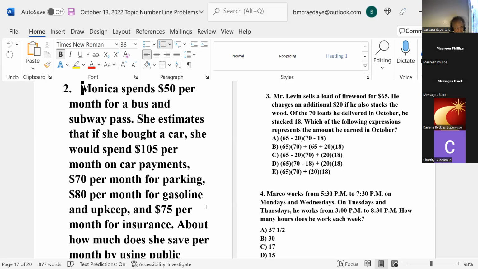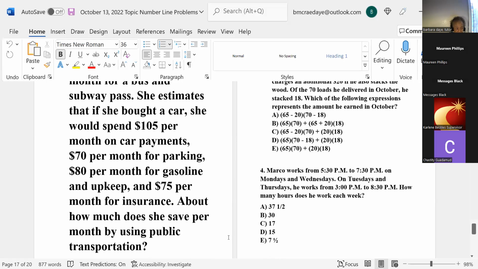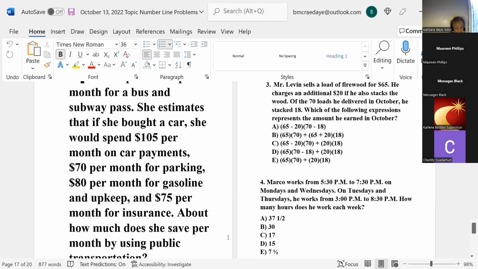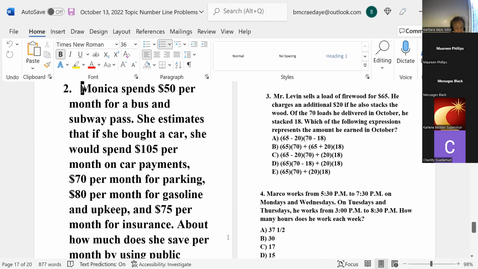Yes. But I want you to read through the word problem and pick out what you need and do the calculations you need to do to solve it. How much does she save per month by using public transportation? How do you calculate that? You know what public transportation costs. You know what buying the car costs. Get the difference.